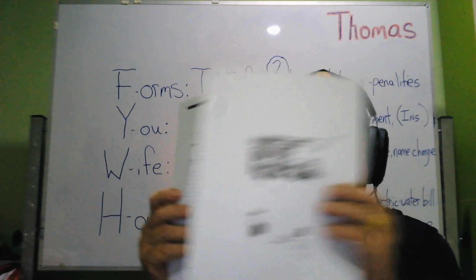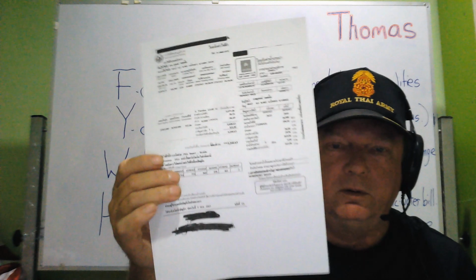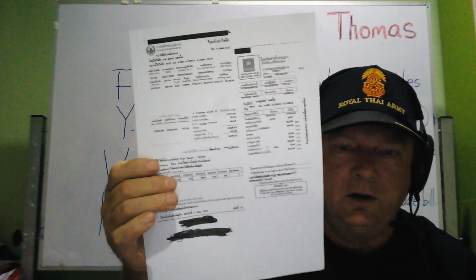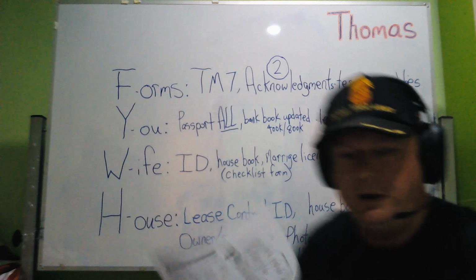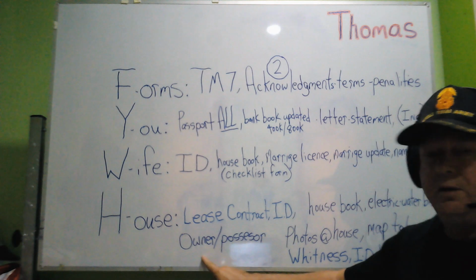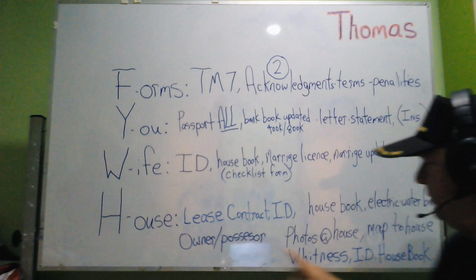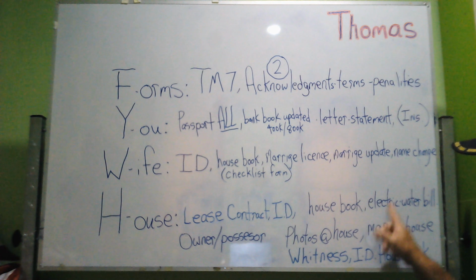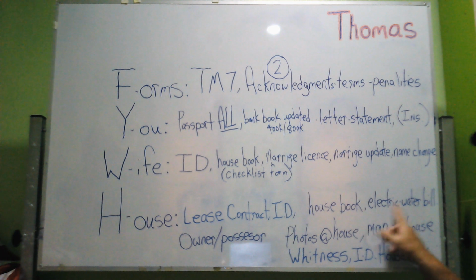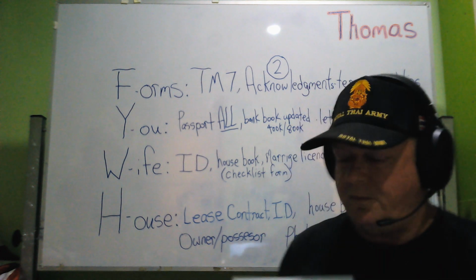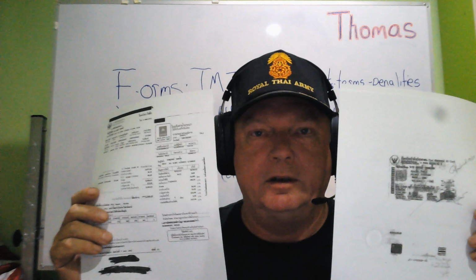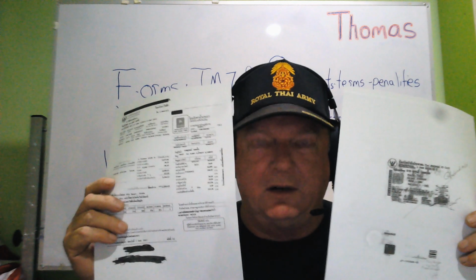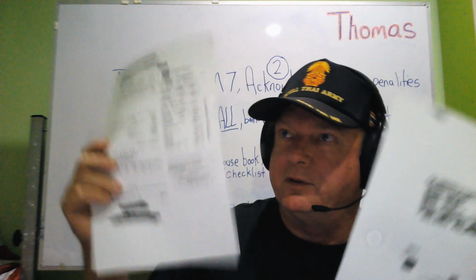And then another thing that's very important that you can throw in is your water bill and your electric bill, which is going to be in the name of the owner. The immigration office actually required us to bring in a copy of the electric and water bill because we have a third party possessor that we have the contract with. And there was a question as to whether that third party had that power of attorney.